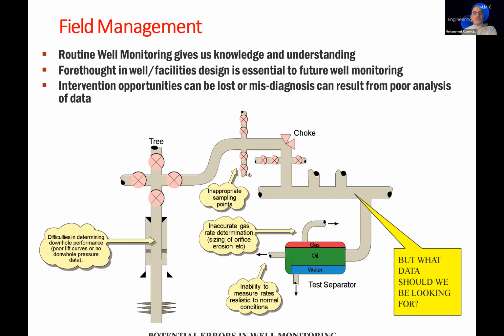For example, if we don't have sampling points and we need any surface data from that well, such as water cut sampling, pressures upstream and downstream, choke parameters, or if there are inappropriate sampling points and we don't have temperature and pressure from the Christmas tree or valves in the facilities or in the pipelines.